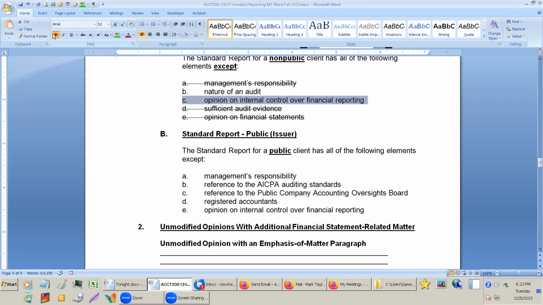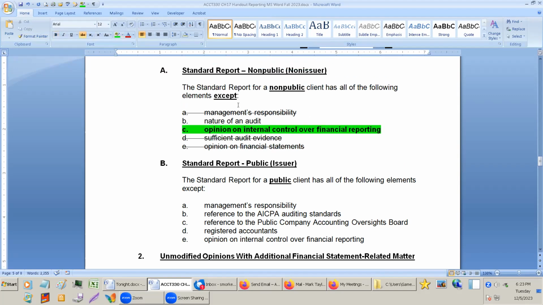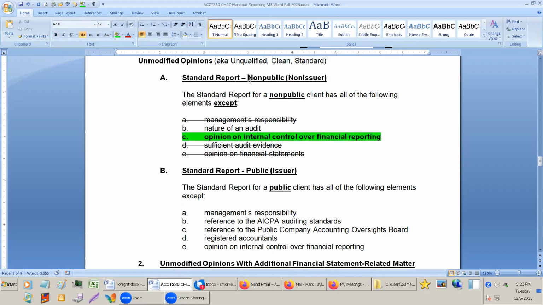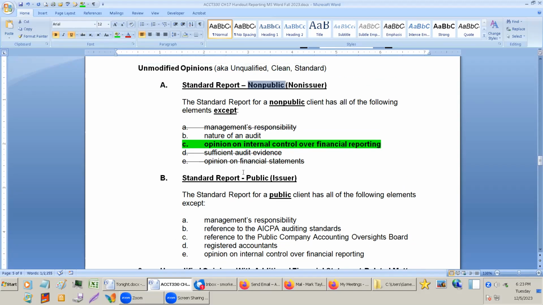We don't give an opinion on the internal control for a non-public company. The audit, actually, even for a financial report, we don't do it for the public one either. And you recall that we had the discussion on the test of controls.